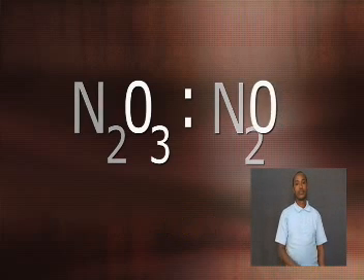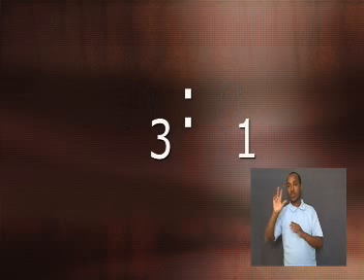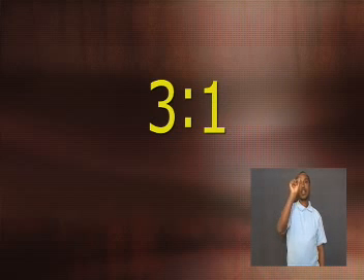There is actually quite an easy trick to see the ratio. If we are comparing the 3 oxygen molecules in dinitrogen trioxide to the 1 oxygen molecule in dinitrogen monoxide, the ratio of oxygen is 3 to 1.